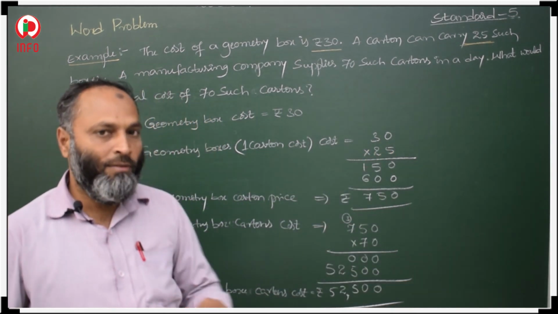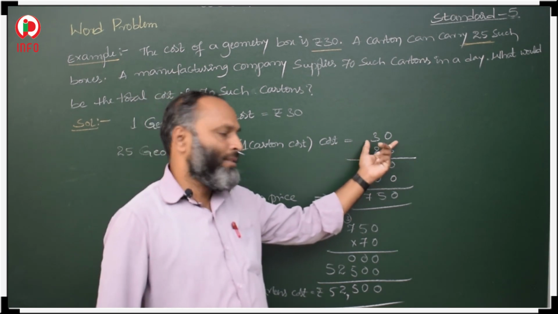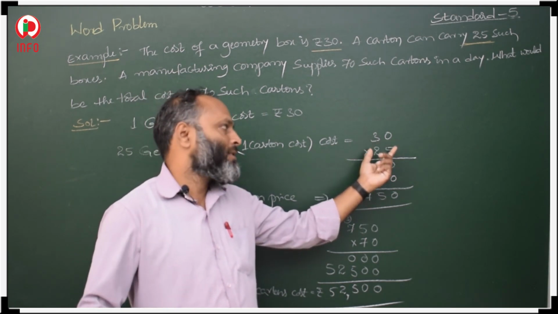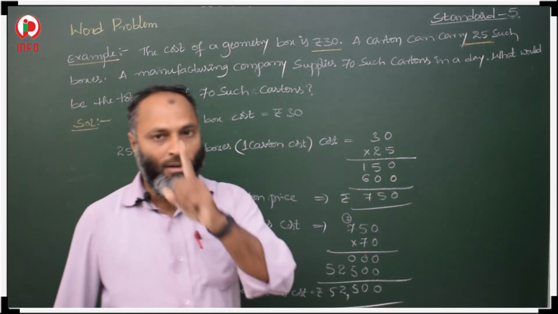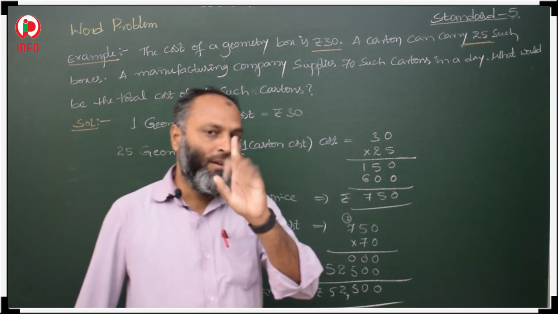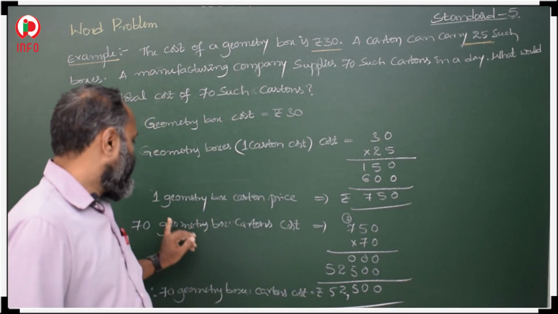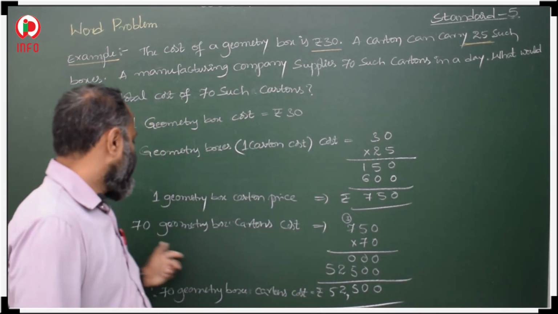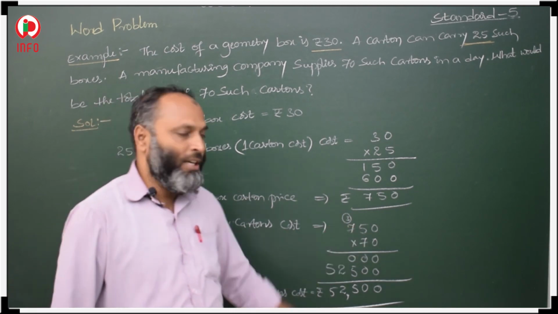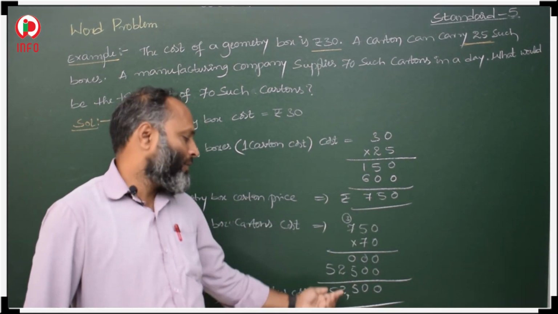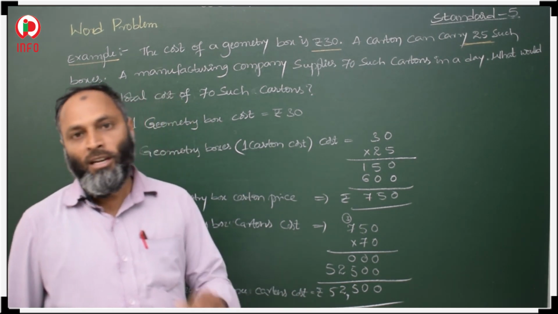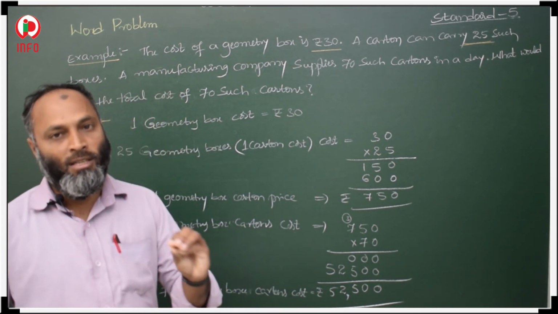One geometry box price is given, that is 30. So we multiply one box price with 25, then we get the complete one carton price. After finding one carton price, we need the total cost of 70 cartons. So one carton price with 70, then you find the total amount, the total geometry box carton cost. Okay.